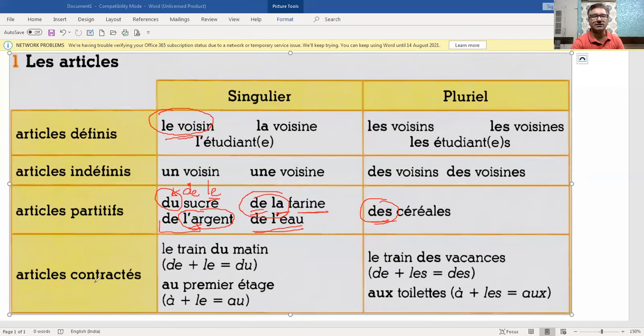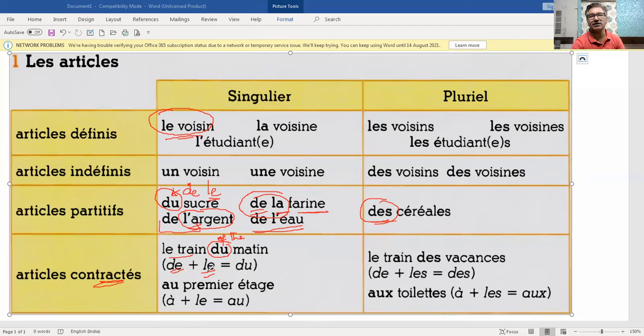Fourth kind of articles is article contracté. It is the article the with the prepositional words, preposition words. For example, le train du matin, the train of the morning. So where do we get du from? Du is also composed of two words, de and le.